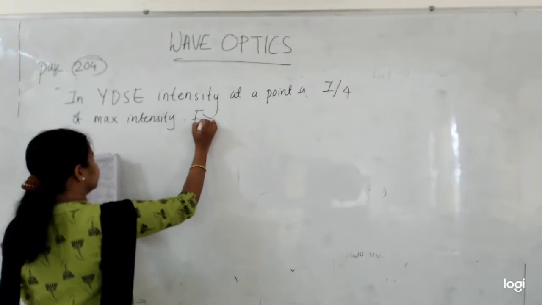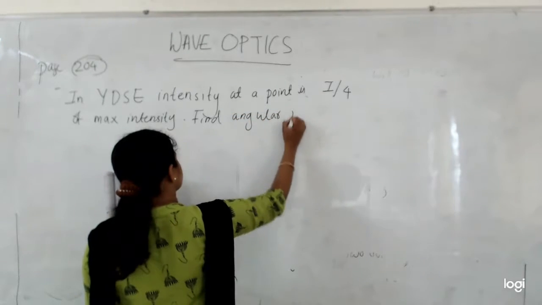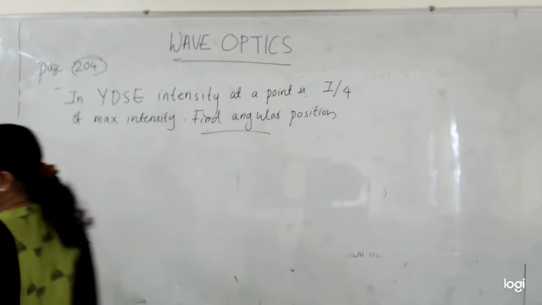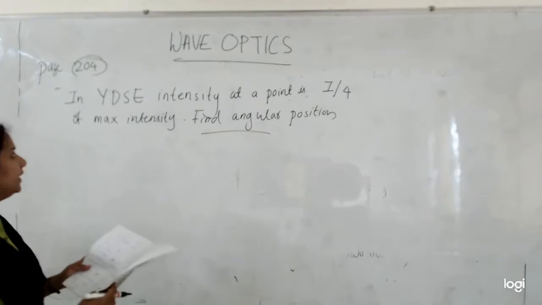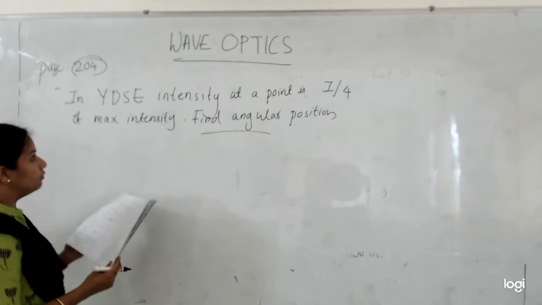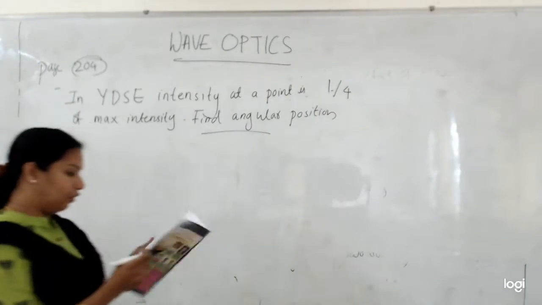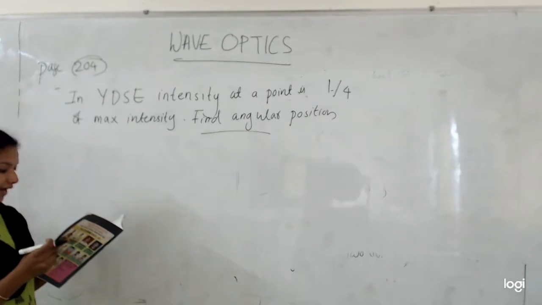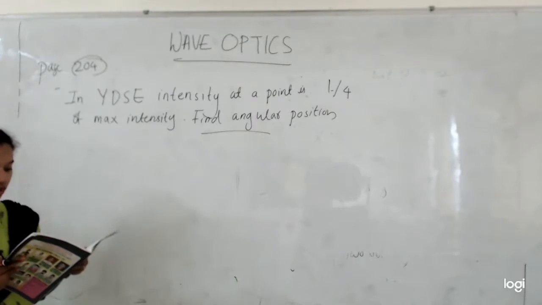Find the angular position. In Young's double slit experiment, they have given here that the intensity is 1 by 4 of the maximum intensity. So we should find at which point, what is the angular position they are asking.